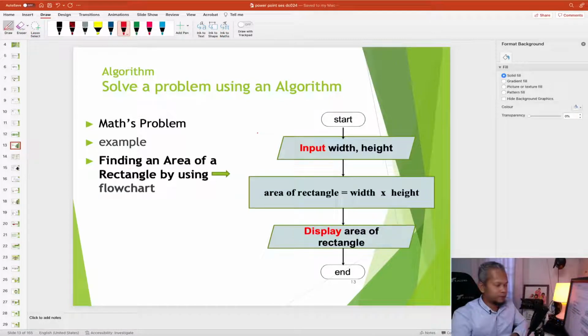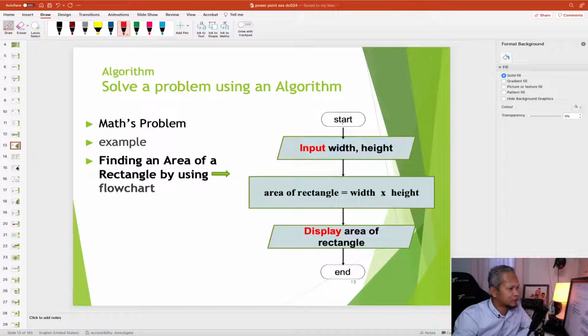We are using symbols, and inside the symbol there is some text. Every symbol has a different function and meaning. We are using start to mention the starting point, and then the pair is end. Usually we are using start and stop.